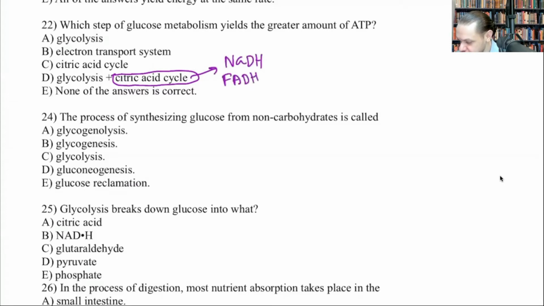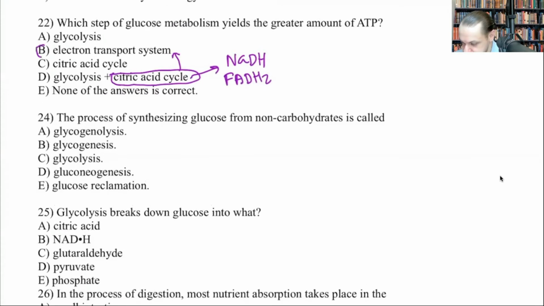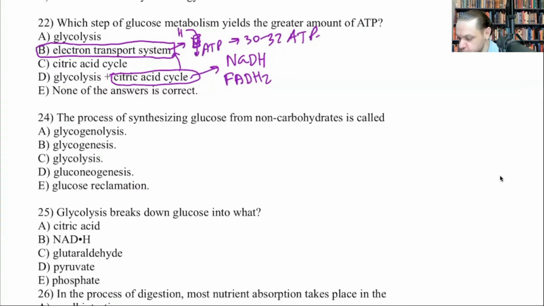The electron transport chain is exactly where it goes from here. This is where you make, remember that ATP synthase that rotates, and it's bringing that hydrogen in, and that's where you pump out ATP. That's where you make 32 ATP. So for 22, the choice is B. The greatest amount is usually the electron transport chain or electron transport system.